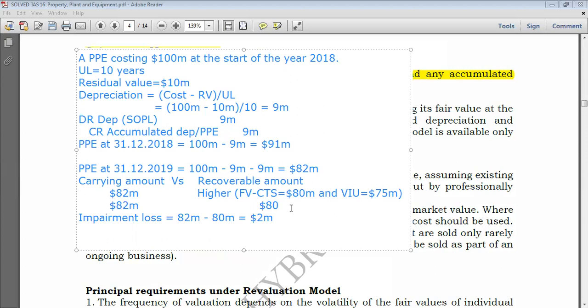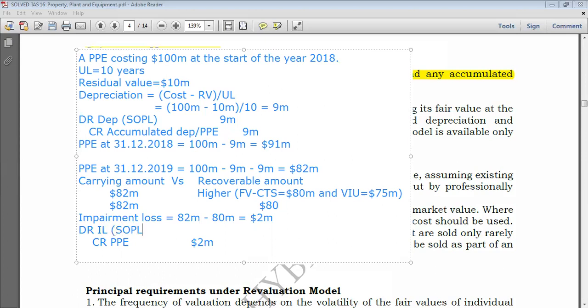So for the double entries, the very obvious step is to credit, to reduce the carrying amount of my PPE by $2 million. And then we debit impairment loss, which would be seen in the statement of profit or loss, by $2 million again.